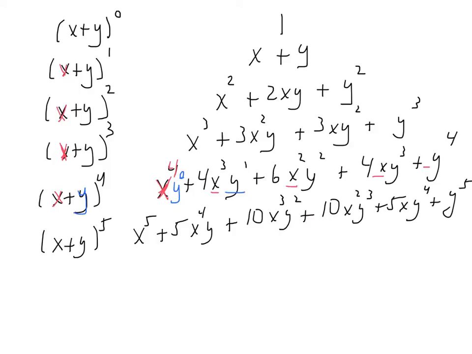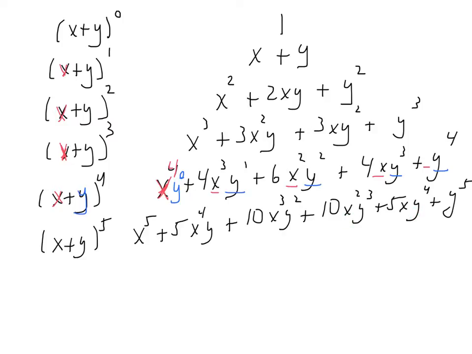And then you have y to the first, y to the second, y to the third, and y to the fourth. And so in any given power here, for instance, the x plus y to the fifth, the second term of the binomial increases by power. So it's y to the 0, y to the 1, y to the 2, y to the 3, y to the 4, y to the fifth.